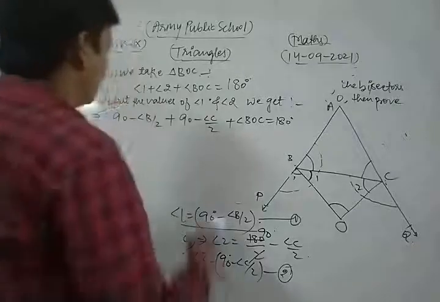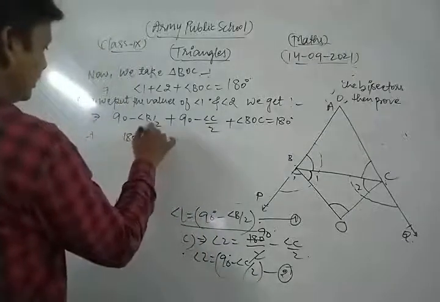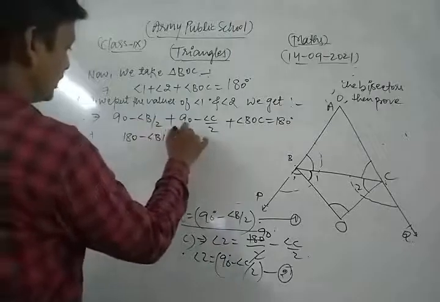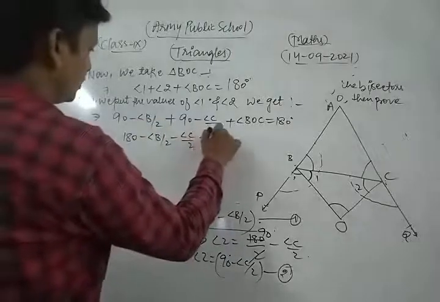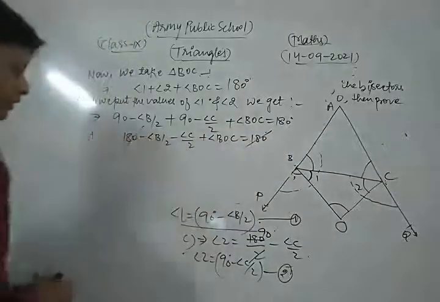Okay, now from here this is 90 plus 90, this is 180 minus angle B by 2 minus angle C by 2 plus angle BOC is equal to 180. Now 180 cancel to each other.